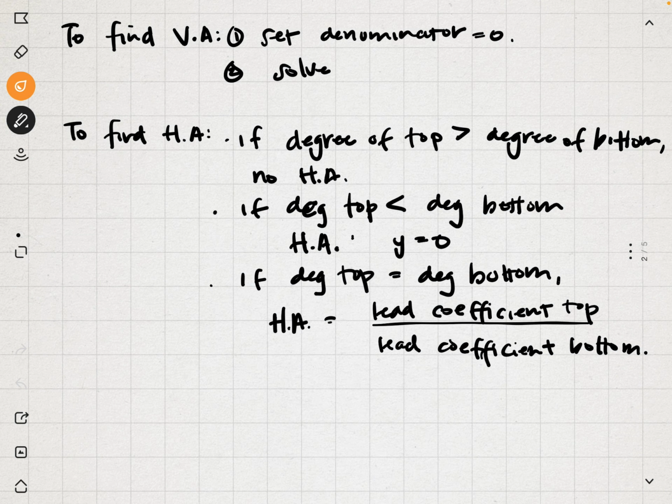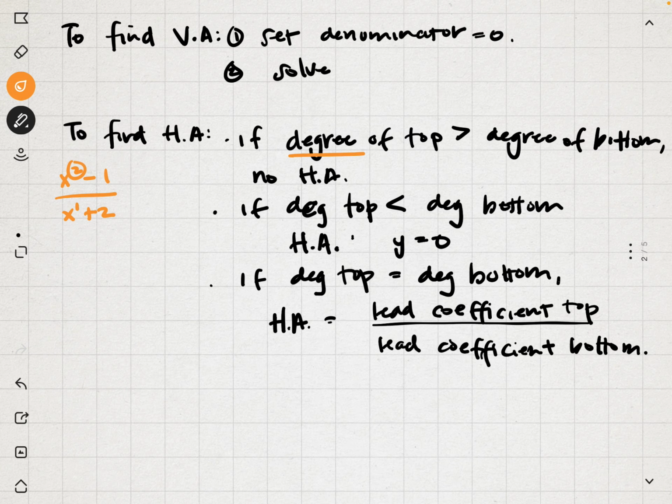So let's say we have something like x squared minus 1 over x plus 2. Alright, so what the degree means is that we're looking for the highest exponent on one of our variables. So notice that our degree on top is 2. On the bottom, we have an x, but no exponent.